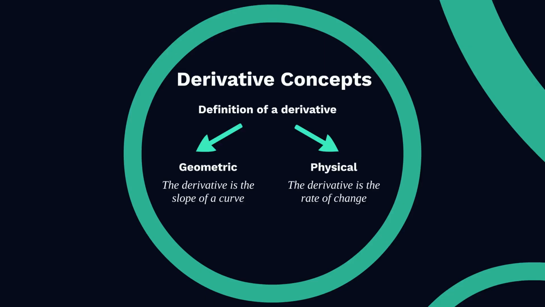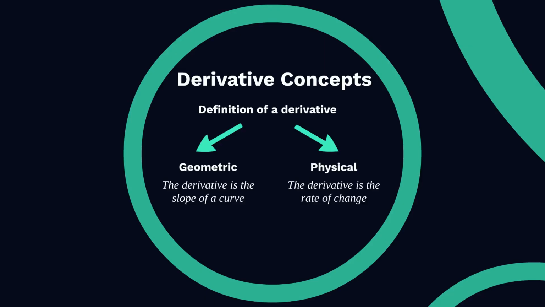So it is the rate of change in that sense. And then actually you could take the derivative of the velocity and you get the acceleration. Acceleration is the rate of change of your velocity. And so in that sense, you can understand the derivative as the rate of change of any given function. You take the derivative and you can find out how fast or in what direction the equation is changing.